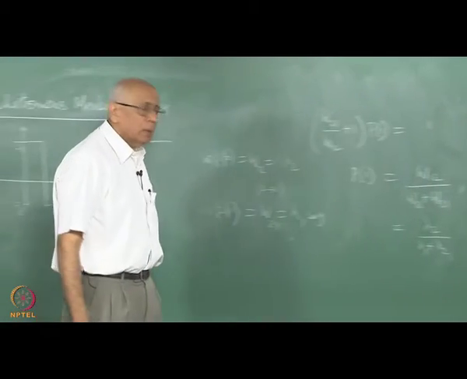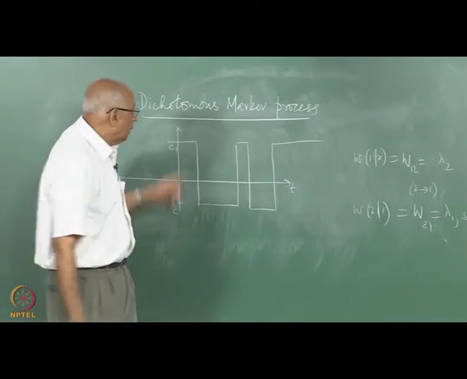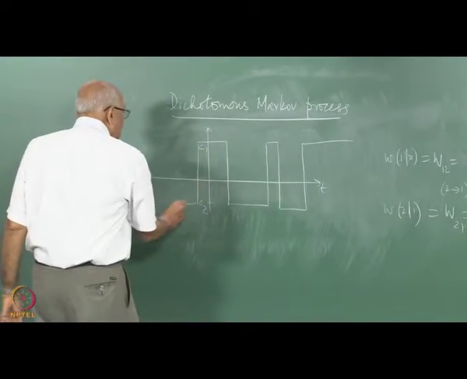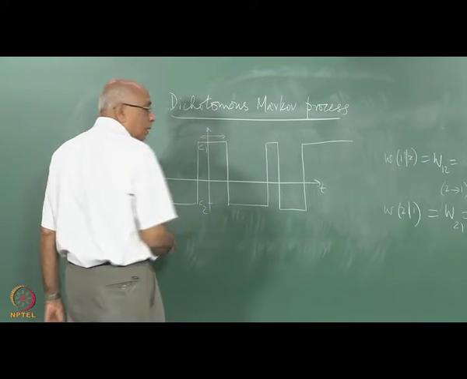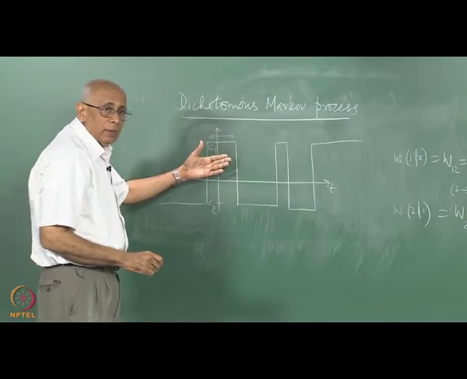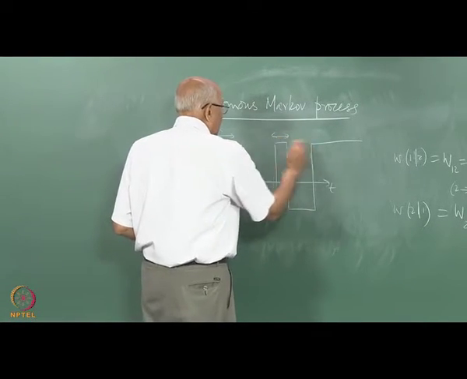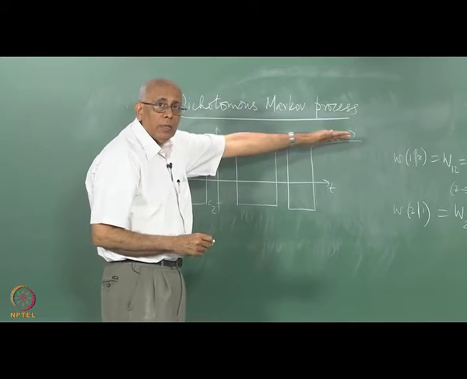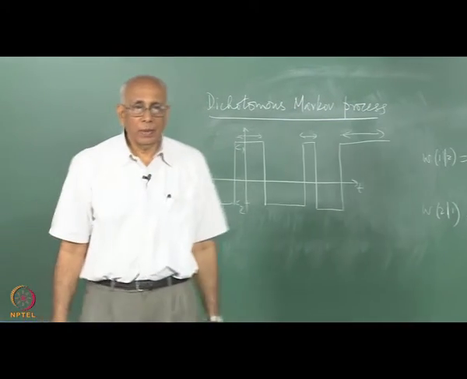Okay. Now what is the physical meaning of this lambda 1 and lambda 2? If you look at this picture, you see that it stays, suppose it had started like this somewhere, it stays for a random time interval in state 1, another random time interval, another random time interval, etc. And the average over all these things is the mean residence time in state 1.